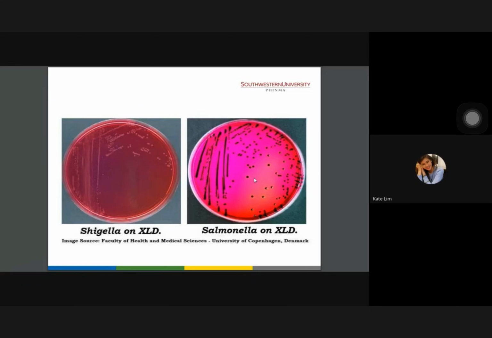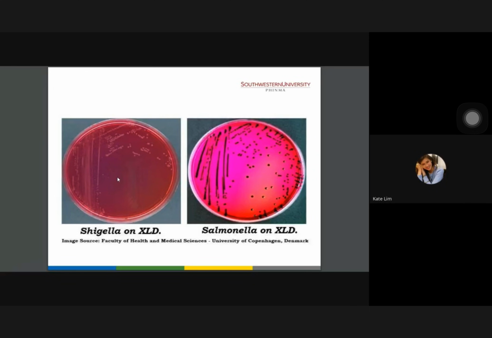How about Shigella? Your Shigella does not produce hydrogen sulfide, so there's no black center. It also does not ferment xylose in a manner that would really produce red colonies. It is not a strong fermenter, so the colonies would not really turn red. What we can observe here is yellowish to colorless, which is due to the lack of fermentation of xylose.